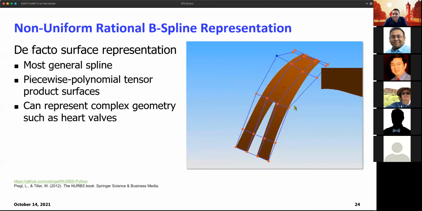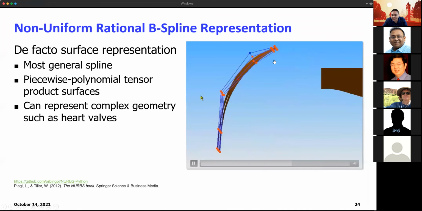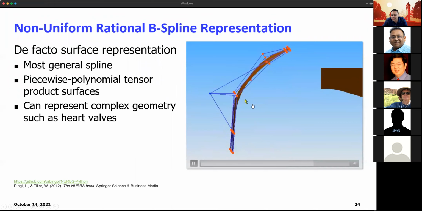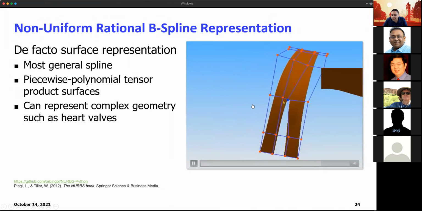And as you can see here, the surface itself is represented using this set of points called control points. And as you can see, as the control points are moved, they change the local shape of the surface itself.